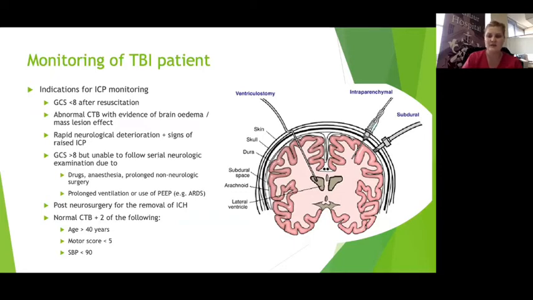But if you think you've done a good enough job during the surgery and you expect your patient to wake up fairly soon after the operation, that you could potentially extubate, then you don't need to place a monitor. That's usually the case with an extradural hematoma patient, not so much with the patients with a subdural hematoma that often has associated large cerebral contusions or hematomas. They often take very long, and then the use of an ICP monitor is a lot more useful.